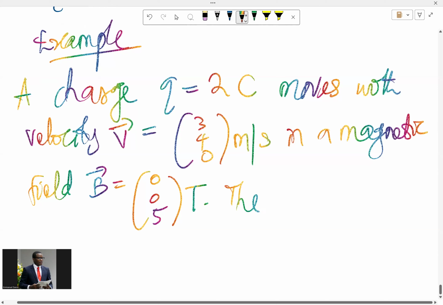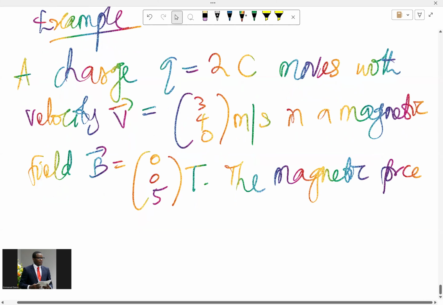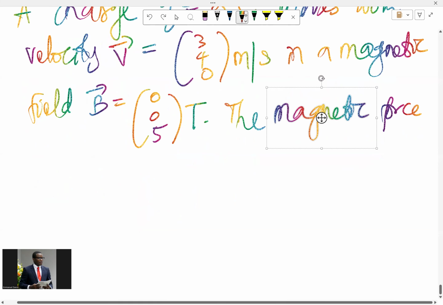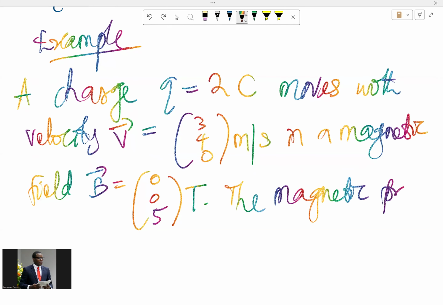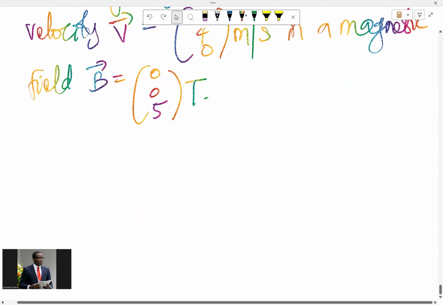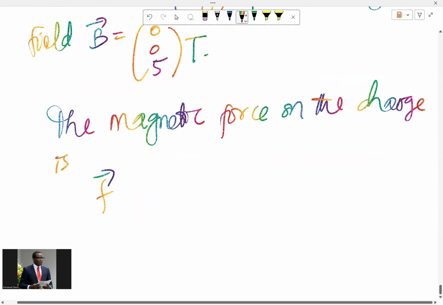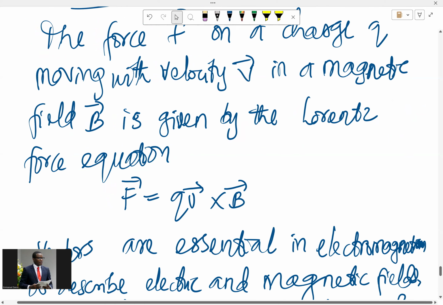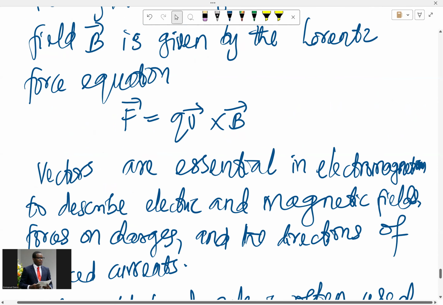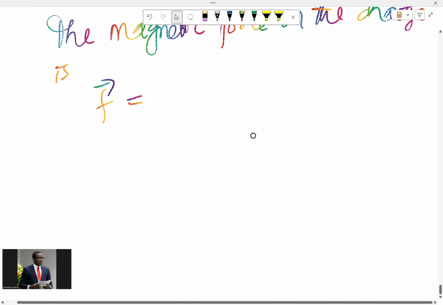So the magnetic force on the charge is F, from the formula we had previously. That is, as vectors go, Q V cross B. Q is a scalar quantity, so it can stand outside.